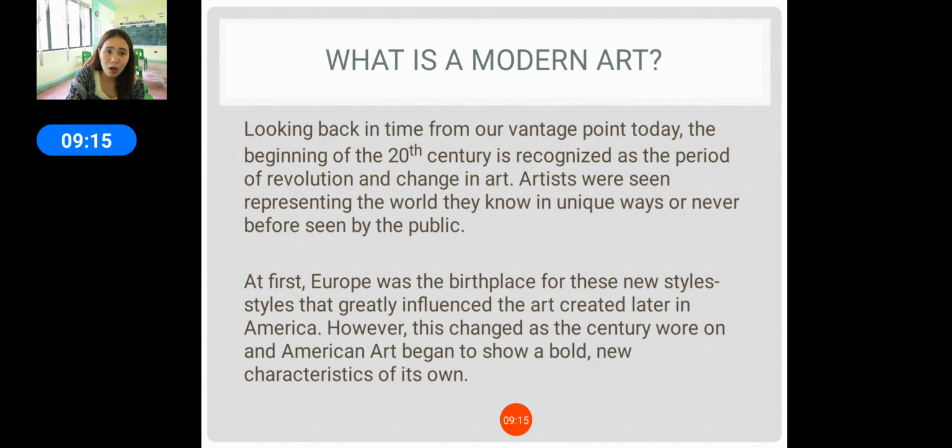But because the world changes, American art began to show a bold, strong type of painting with its own characteristics. It's unique and never seen before by the public. That's why it became the inspiration of all the painters and artists of the world, their modern art.